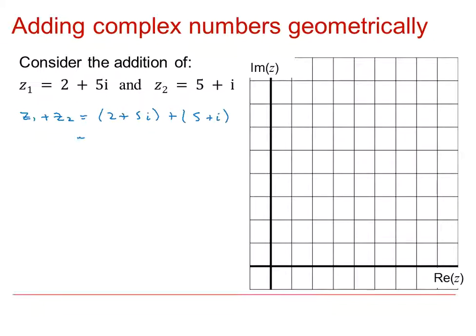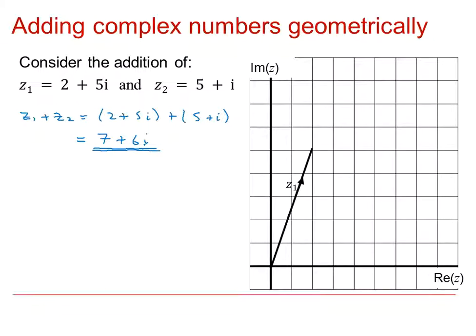And we've seen previously how we can collect like terms, like the real terms. So we've got 2 plus 5 is 7. And if we collect the imaginary terms, we've got 5i plus i is 6i. So z1 plus z2 is 7 plus 6i.